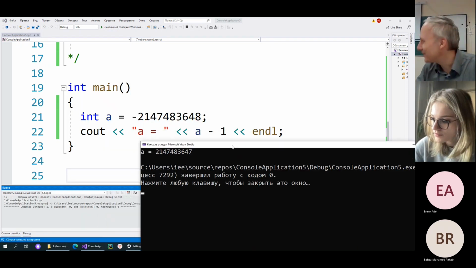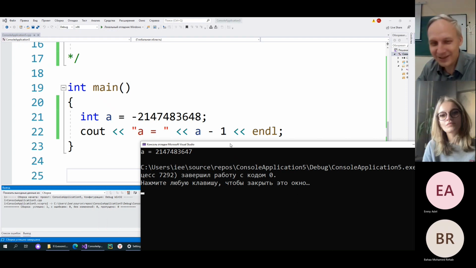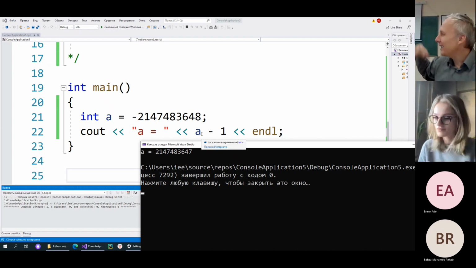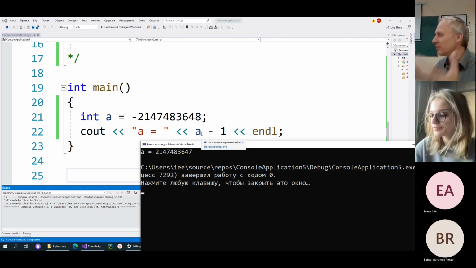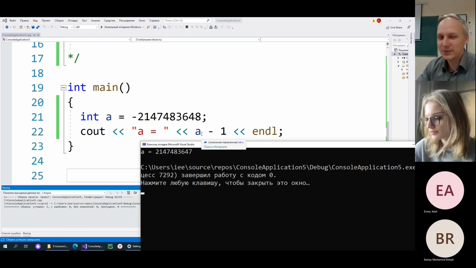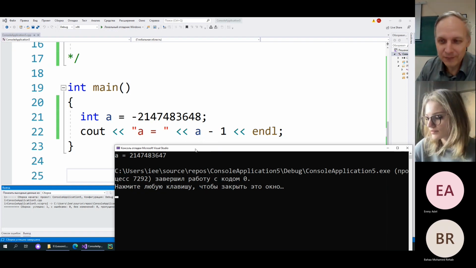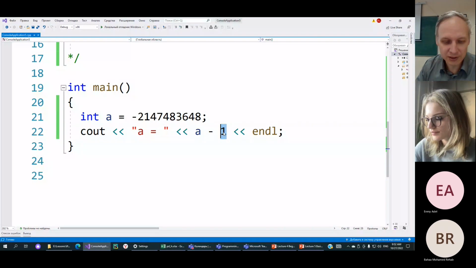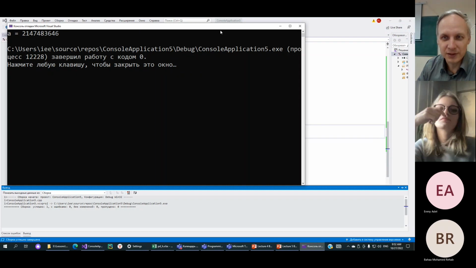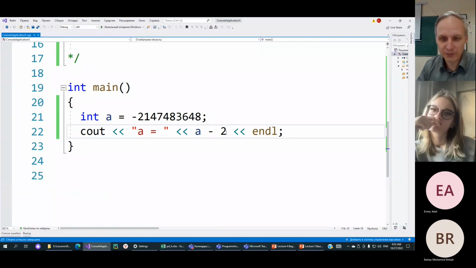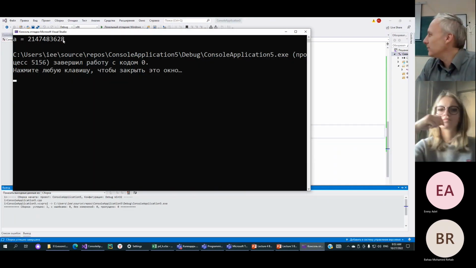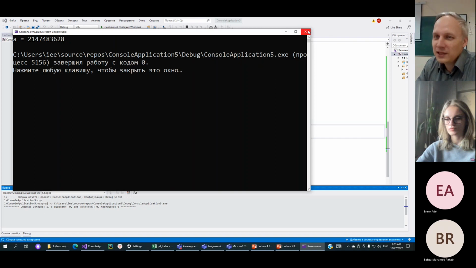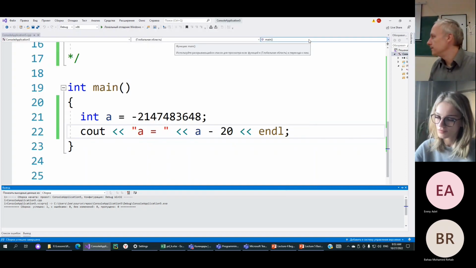We will see a positive number. So negative minus something gives positive, because of the range of representation. If I subtract, for example, 20, also some positive number. So the result will be wrong.